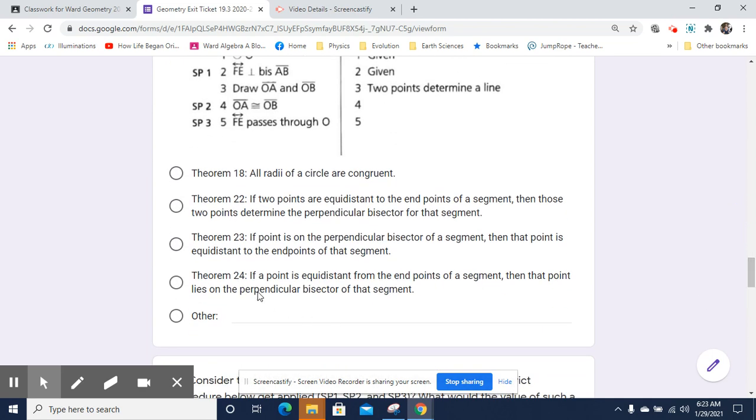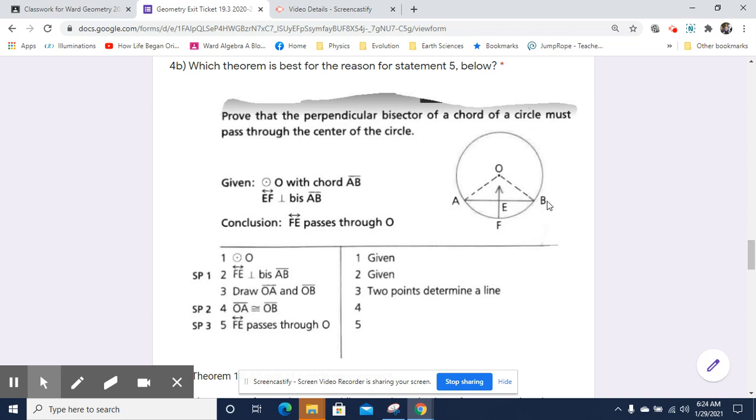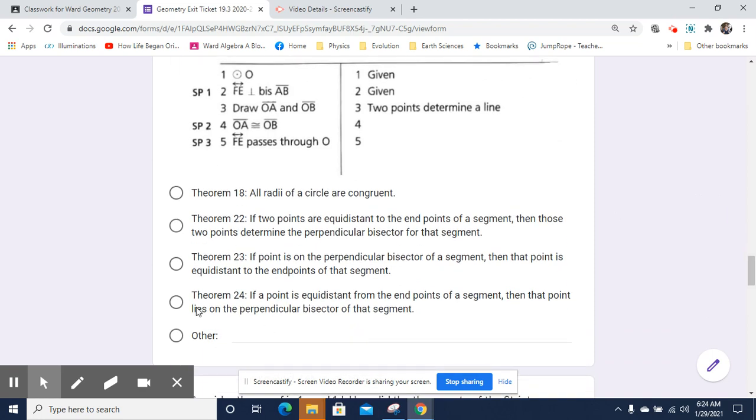So that leads us to Theorem 24. If a point is equidistant from the endpoints of the segment, then that point lies on the perpendicular bisector of the segment. So here's where we can apply that theorem. O is equidistant to the endpoints of the segment, so O will be on the same line that is the perpendicular bisector, which happens to be FE. And here we go, Theorem 24.